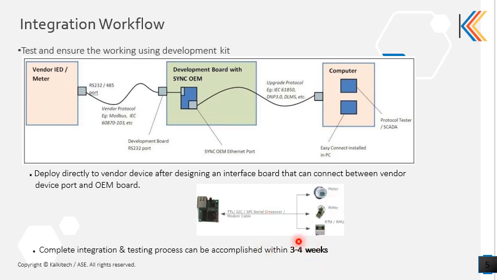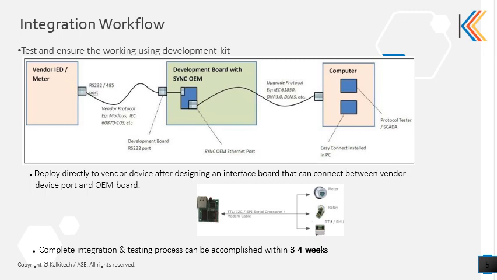And then this whole integration, if you do it dedicated, with our premium support can happen within 3 or 4 weeks. So the key thing is, your device or vendor device has a preliminary or primitive or proprietary protocol, and you can get it updated within 3 to 4 weeks to the latest protocol that is available, and that is future proof.